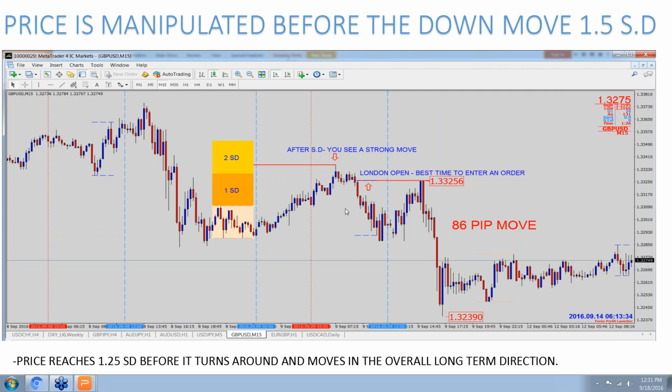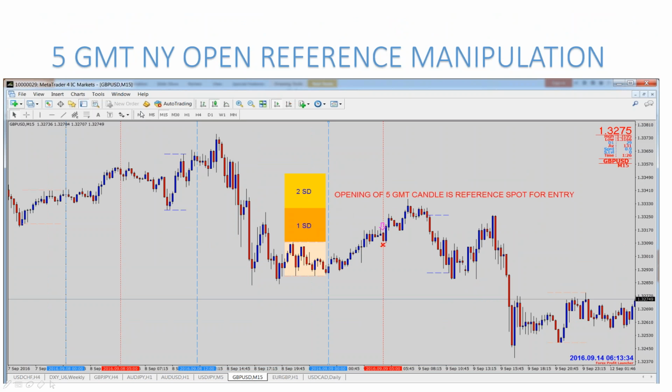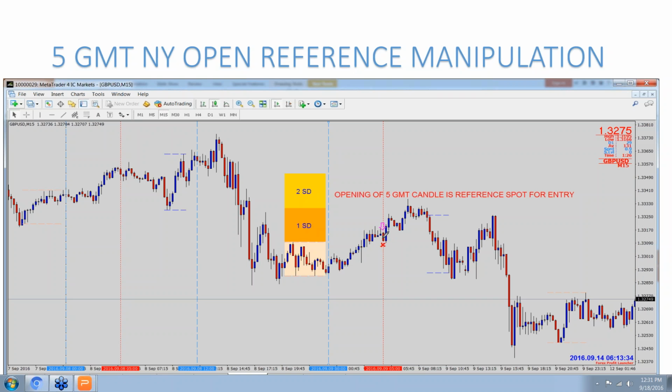All right, let's move on to the next slide. So we've got 5 GMT New York Open referencing manipulation. We've got the opening of the 5 GMT candle as the reference spot for your entry. What I mean by that is that you're going to be looking at this zone right here, below the opening of this candle, to see price manipulated.